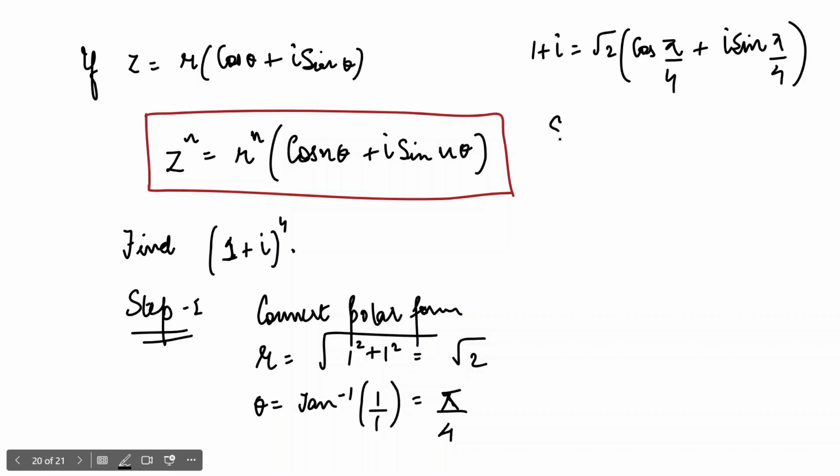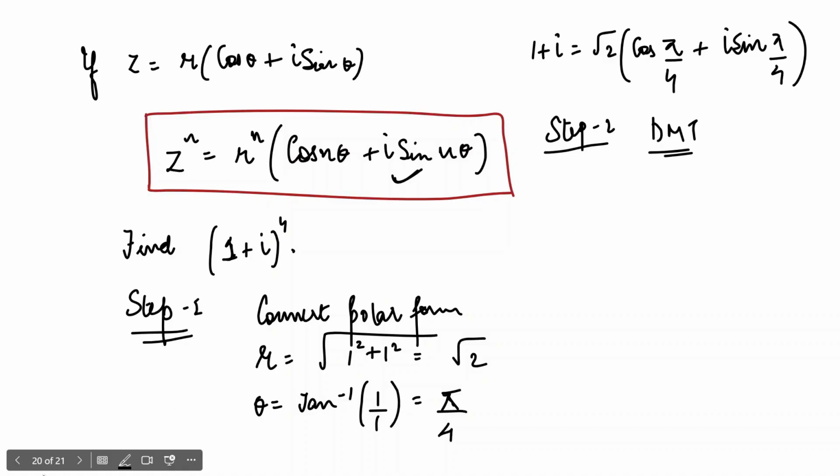Now step 2 is to apply De Moivre's theorem. What it states is that any complex number raised to a power is of this general form.